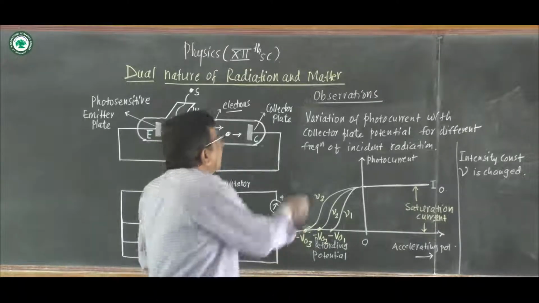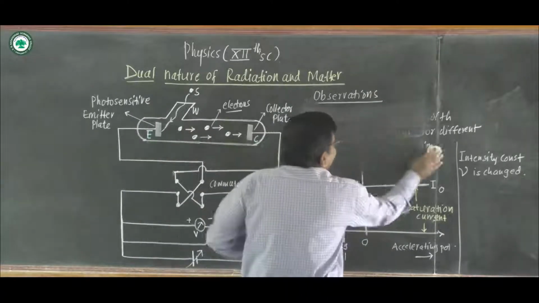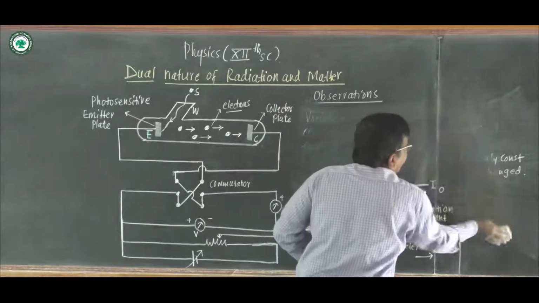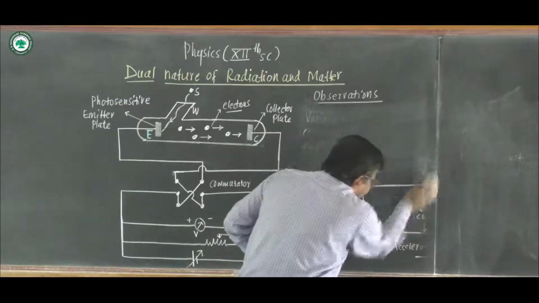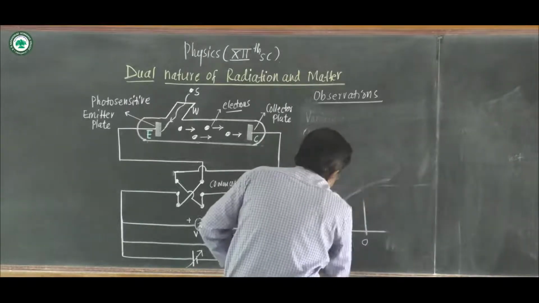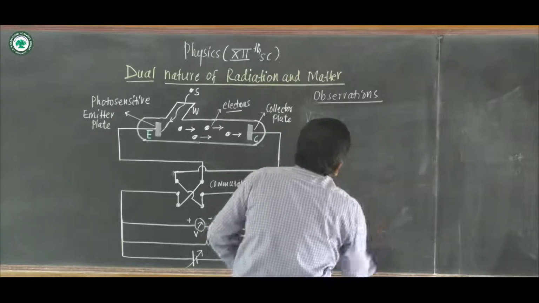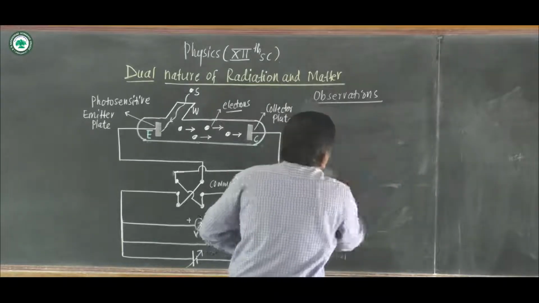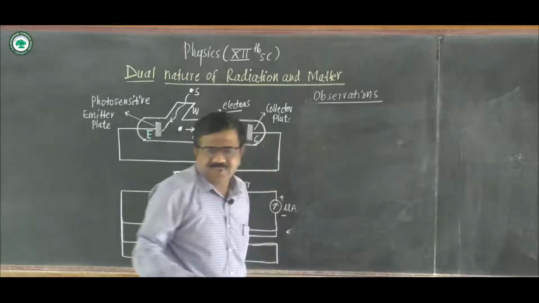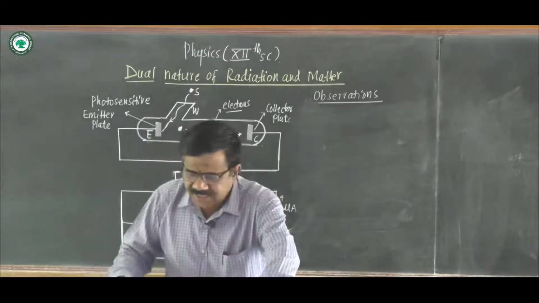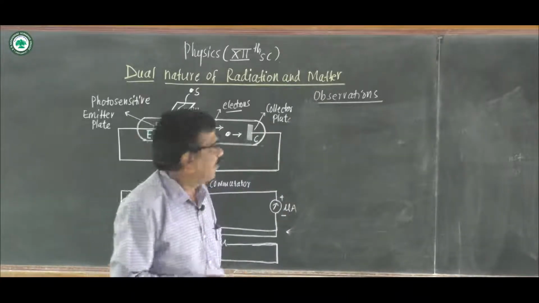Now we plot another graph and we see another observation from the experiment. From the graph we can easily draw the conclusion. The graph is like this: stopping potential against incident frequency.